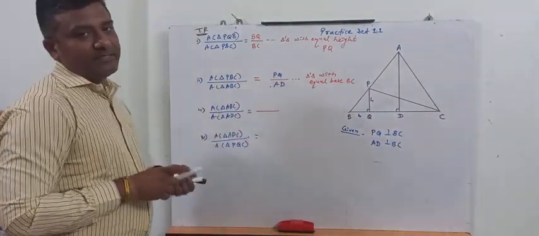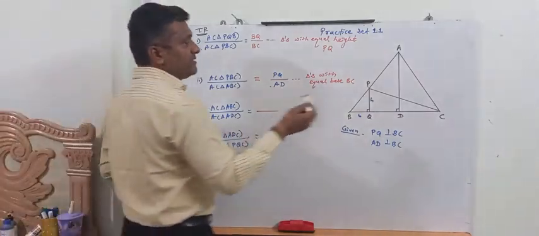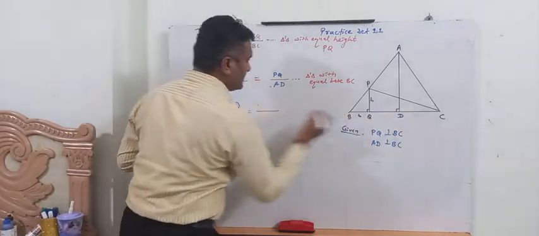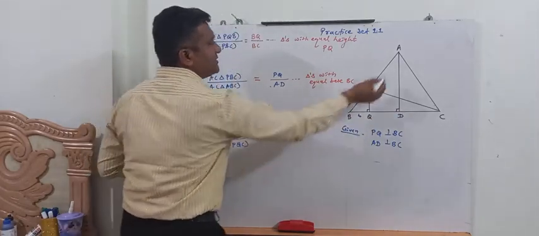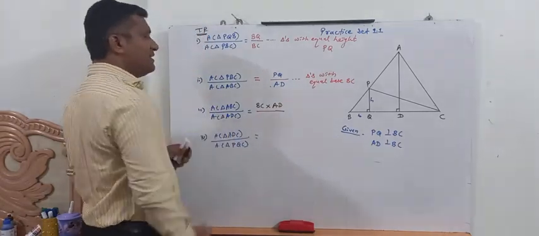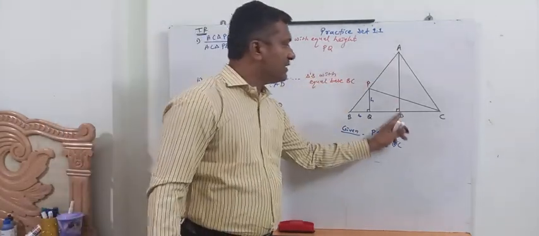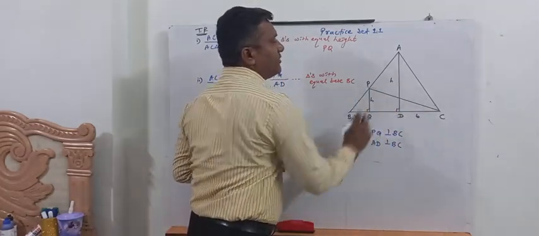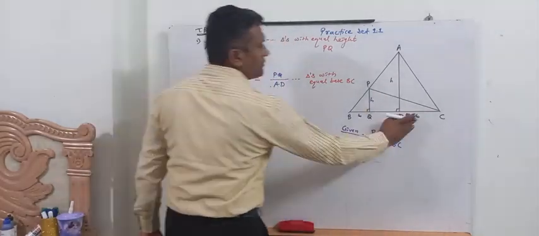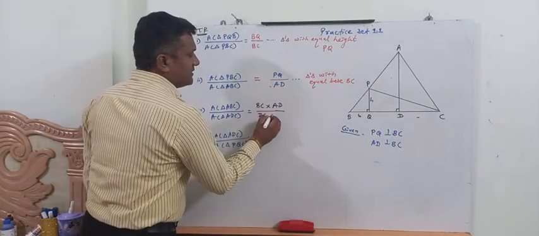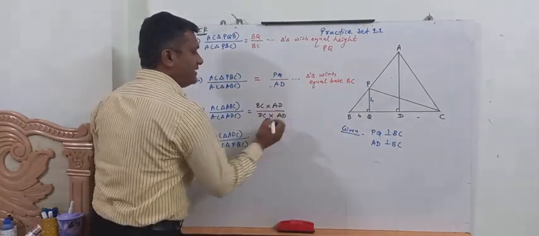Now triangle ABC again, one more time, triangle ABC is there. So if triangle ABC is there, base is what? BC and height is AD, upon ADC. Look at this, ADC. So here if I take this as base, this will become the height for us. So base of the triangle ADC will be DC and height will be AD here.